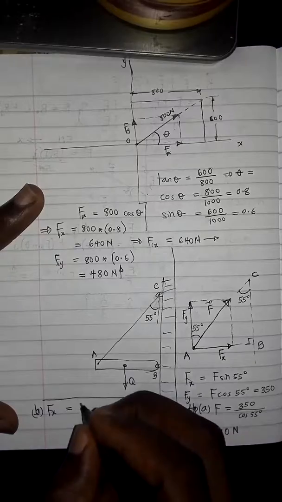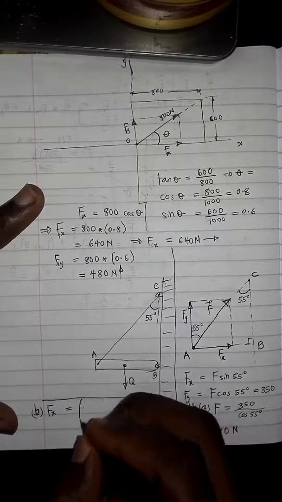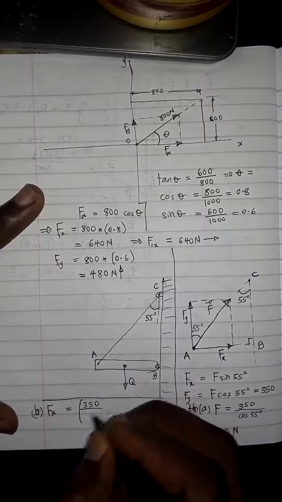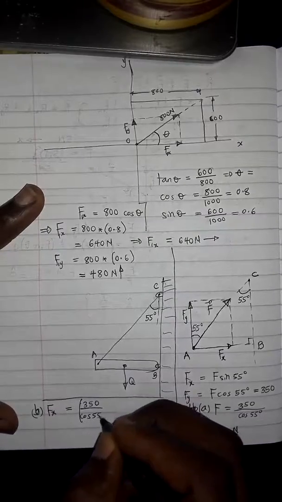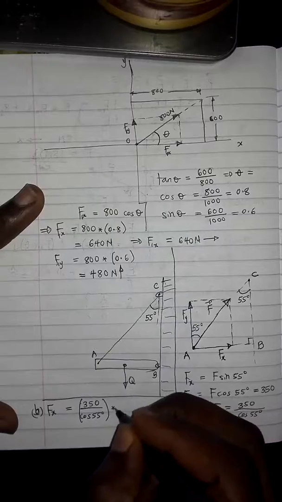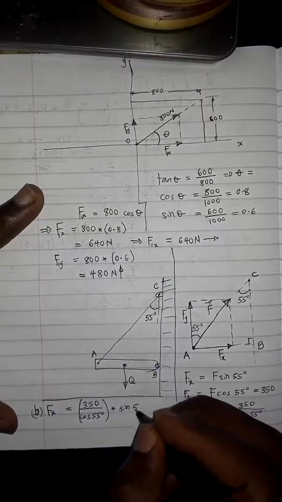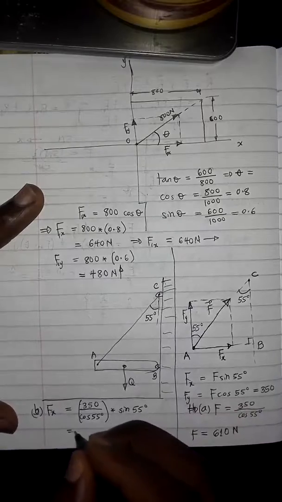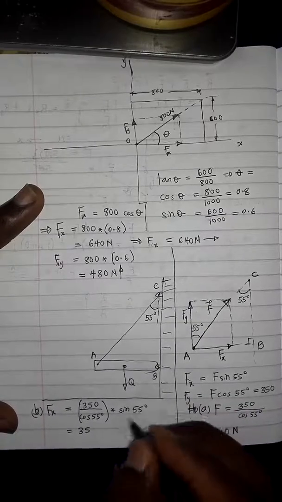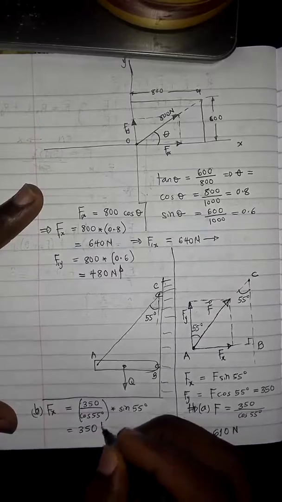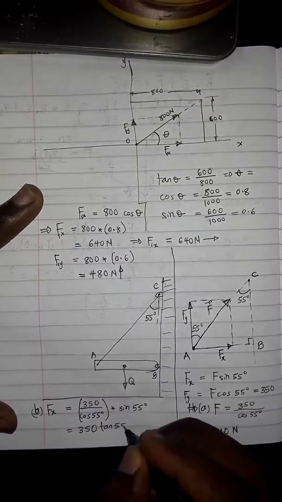So I'm going to say this is equal to F sine this, and this is going to be 350 divided by cos 55 degrees, then multiply by sine 55 degrees. Of course, that is the same thing as, you know, sine 55 degrees over cos 55 degrees, which is tan 55 degrees. So I can put this as 350 tan 55 degrees.